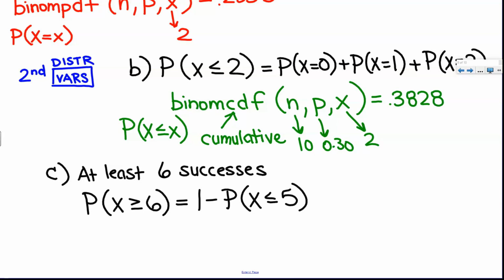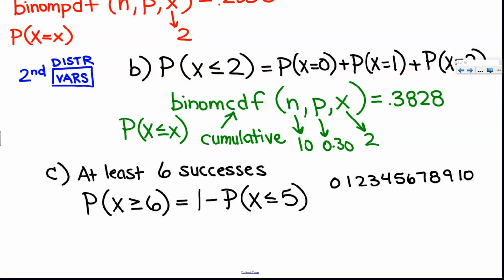So the complement of greater than or equal to 6 is less than or equal to 5. And we see that because, let's say we've got 0 through 10 for our possibilities, right, because we have 10 trials.